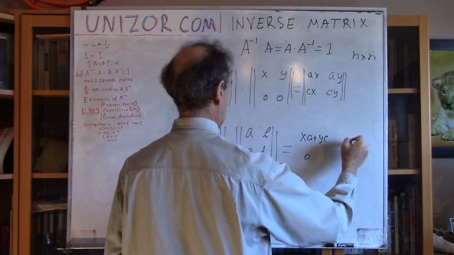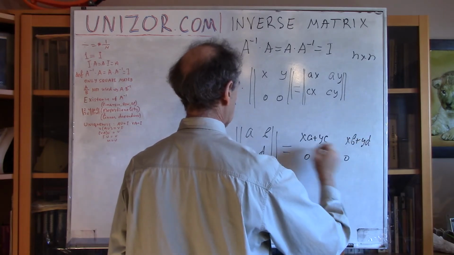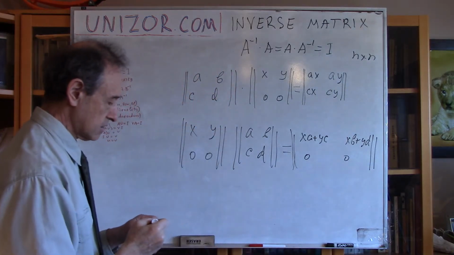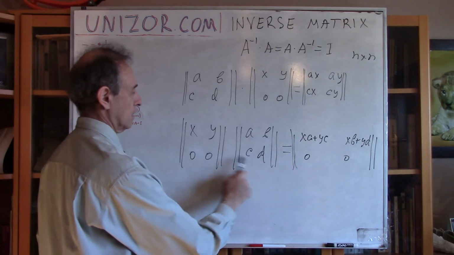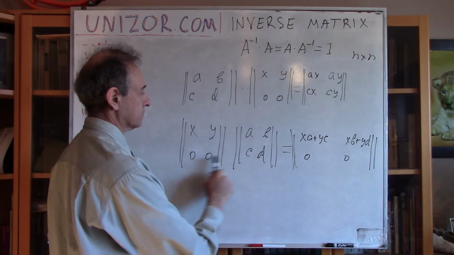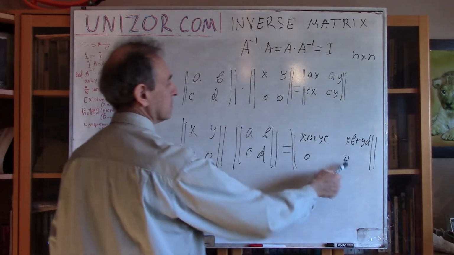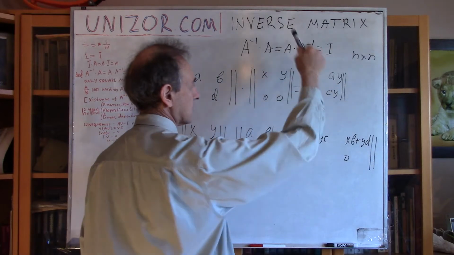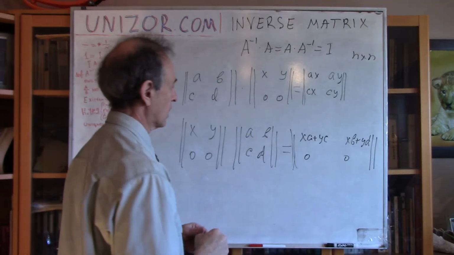Here we will have xb plus yd, and then we will have 0. As I said, if you have the row equal to 0, then multiplying on the left will give the row equal to 0, which cannot be an identity matrix, right? Because the identity matrix always has 1 in every row and every column.